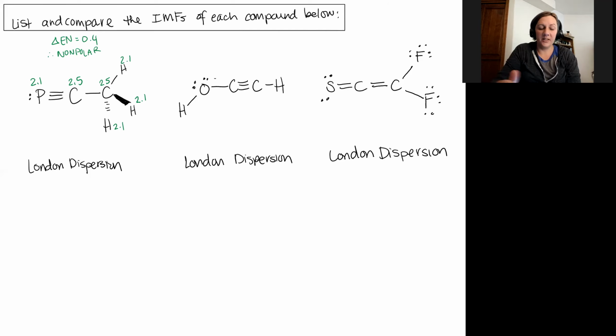Coming on to our next one, our hydrogens are all at 2.1 and our carbons are 2.5. And our oxygen value is 3.5. And so I'm going to get an electronegativity difference of 1.0 between our oxygen and our carbon, and an electronegativity difference equal to 1.4 between our oxygen and our hydrogen.